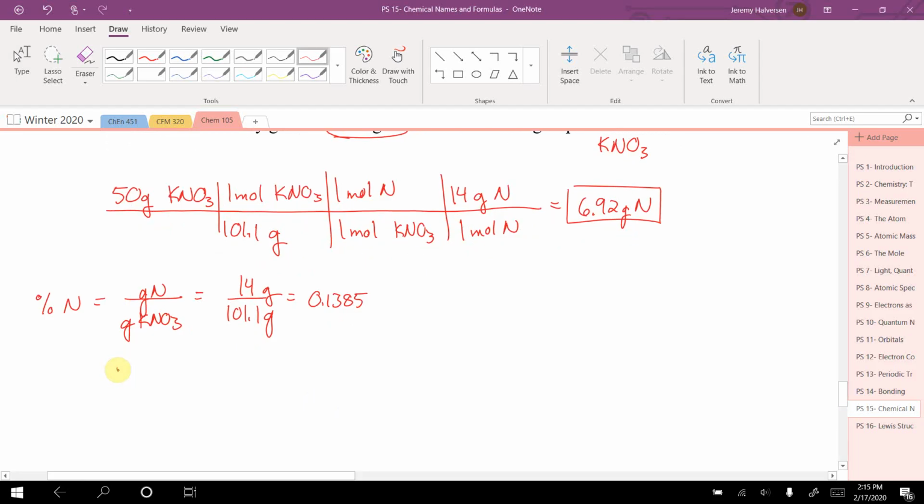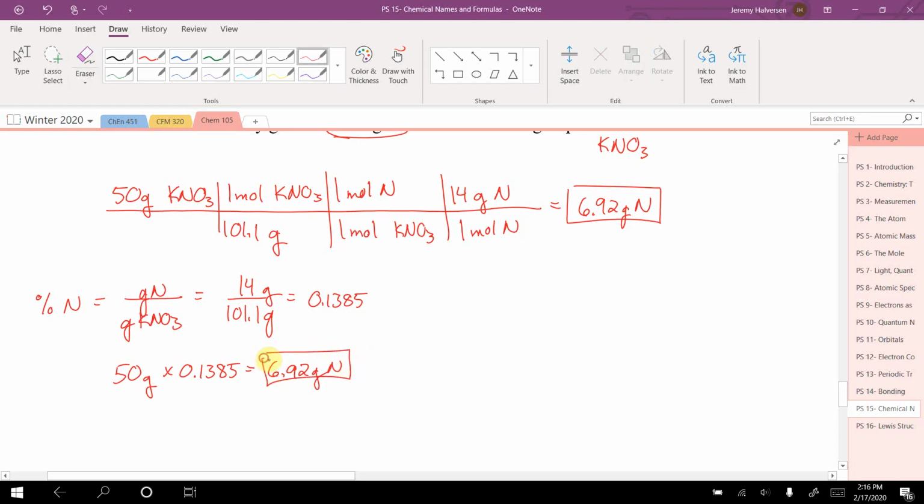And then I could just say, well, I know I have 50 grams of potassium nitrate times my percent that is nitrogen, and I get 6.92 grams of nitrogen. So same answer, different method.